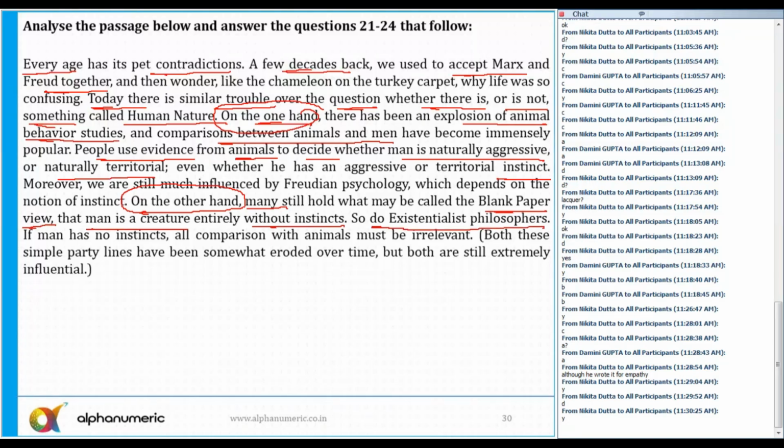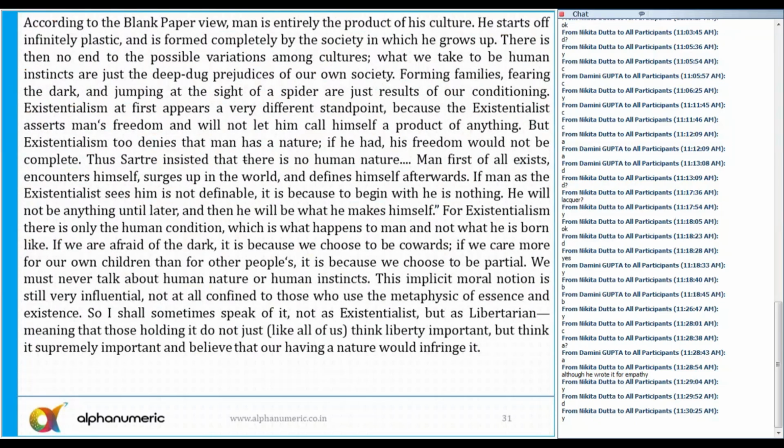What they believe is that because man has no instincts, all comparison with animals is irrelevant. Now, why do they believe man is without instincts? They believe that when human beings are born, we are a clean slate. According to the blank paper view, we are a clean slate.